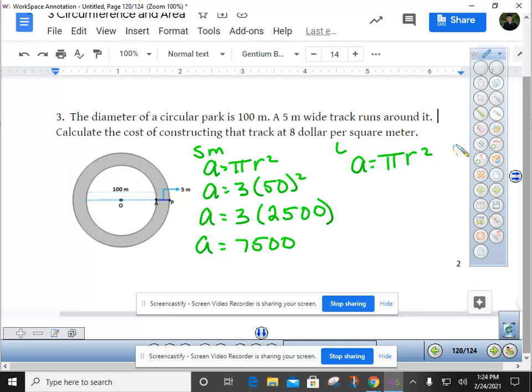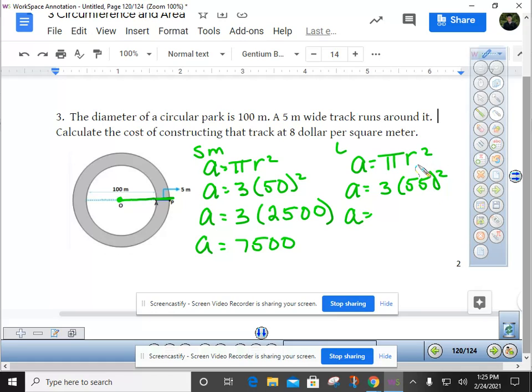What is the radius? 55. So look, everybody look at the board. From here to here is 50, plus this is 5. Are you with me? So it's going to be 3 times 55 squared, and I'll do that one for you.